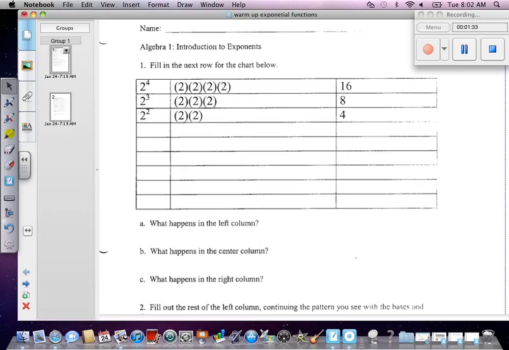And what is happening in our center column? How many numbers is in the exponent? It's kind of telling us how to follow directions, right? It's telling us how many times we're multiplying it. So in the left-hand column, we're decreasing the exponent by 1.